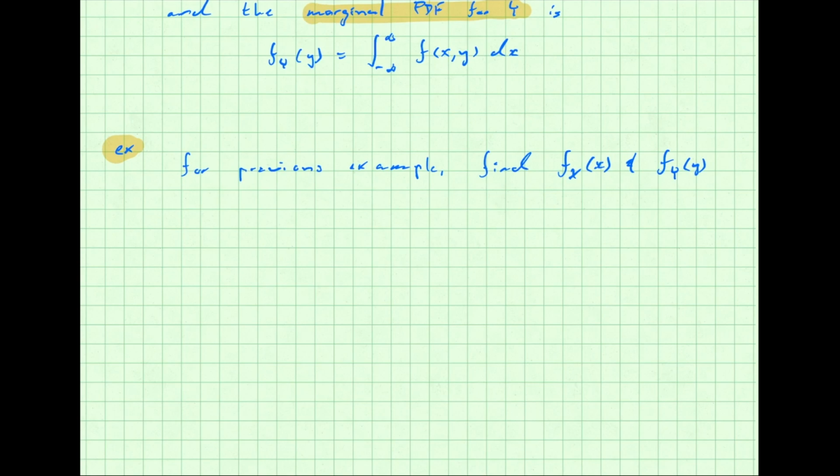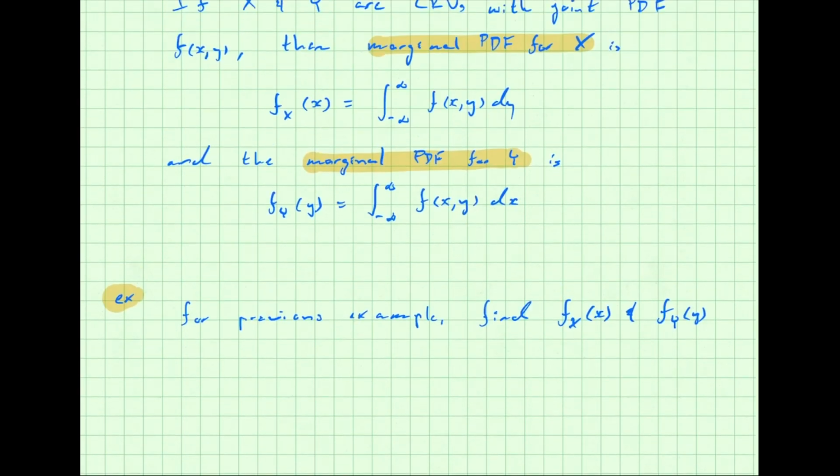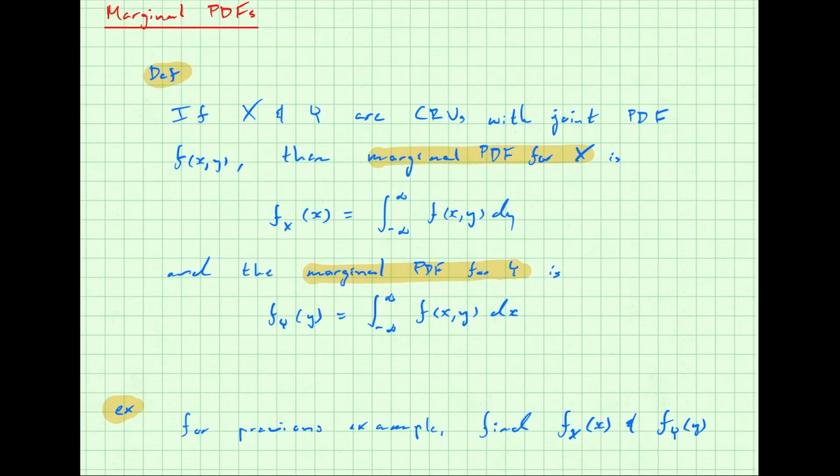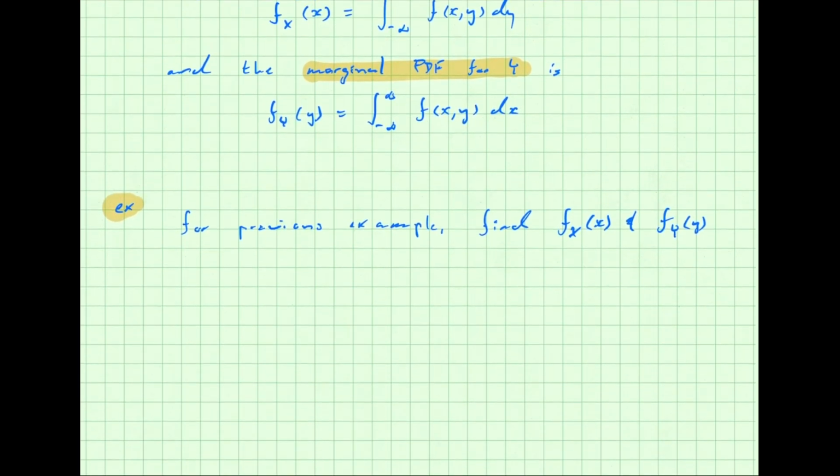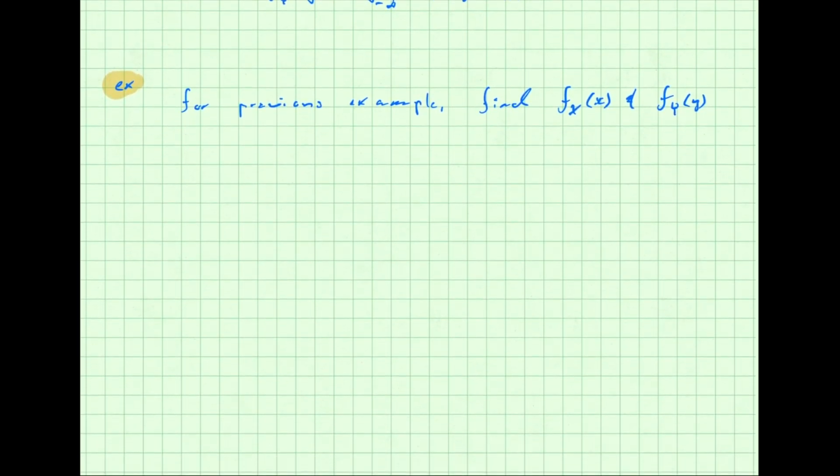Oh, and I should add, it's important to add this. Oh no, we're okay. Sorry, I thought I had to add a condition there, but everything is okay. All right, so let's look at these marginal distributions.